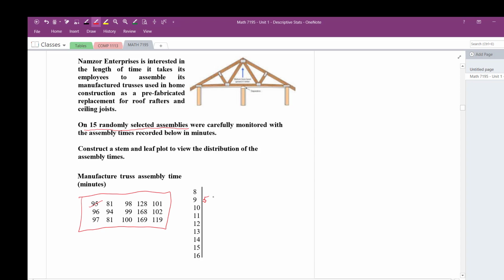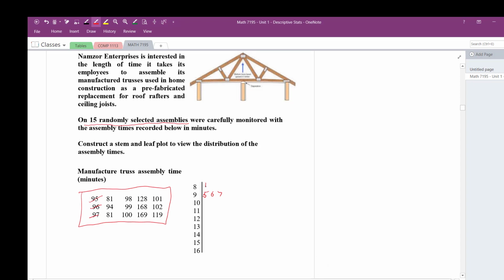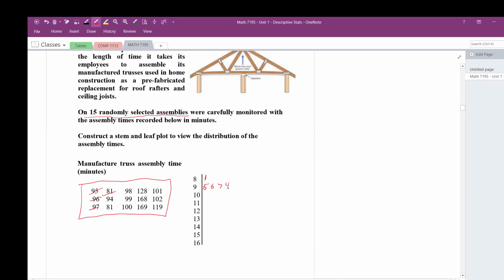The next one is 96, and then 97, and we keep going, trying to draw our numbers roughly at the same scale. The next one is 94, so that goes in the 90s, and 81, and we just continue on populating this.